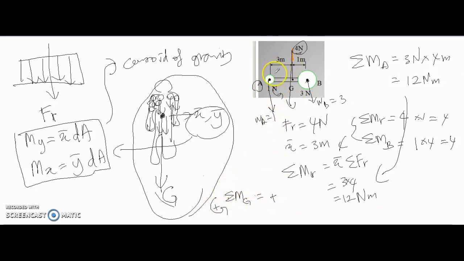The line of action is 3 times 1. And then at B here, the weight is 3 going that way, opposite to counterclockwise, which is clockwise, so this one is negative. The weight is 3 and the line of action is 1. So 3 minus 3 is equal to 0. So about the center point G, the sum of moment will be equal to 0. Take note of that.